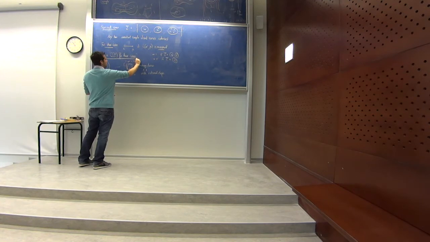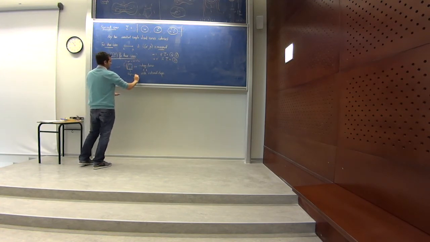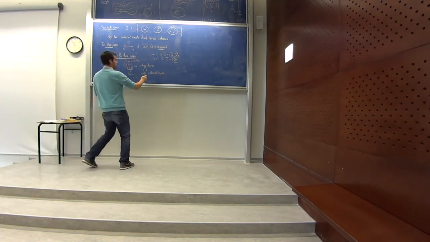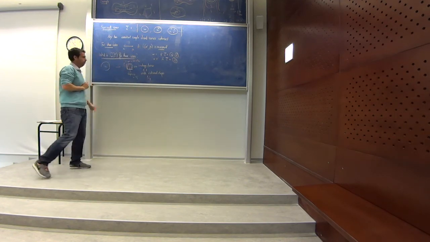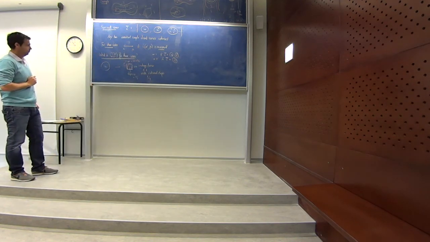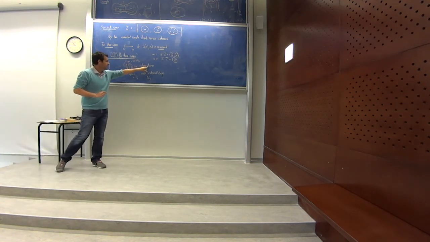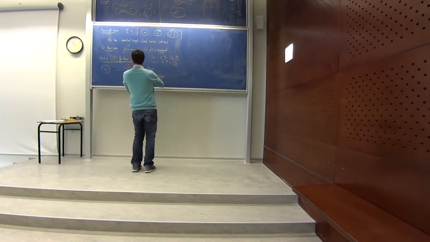The way I'm thinking of infinity is 1 divided by 0, and 0 here is 0 divided by 1. So what I have is actually a one-to-one correspondence with things of the form p divided by q. To be precise, this is actually oriented, but it doesn't matter.